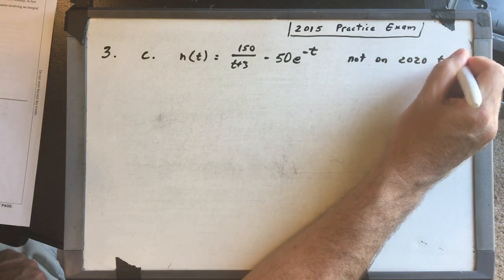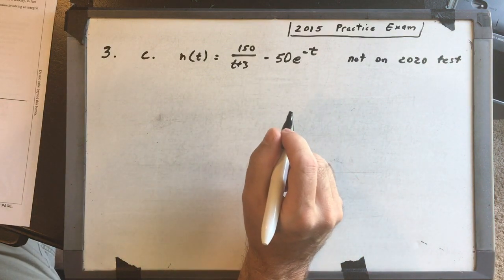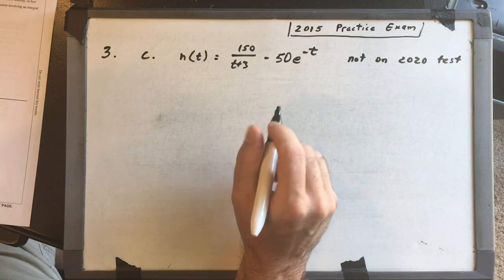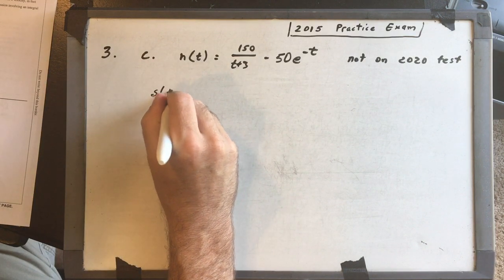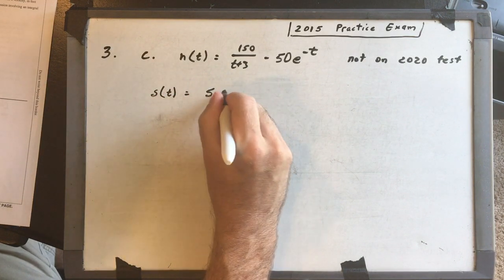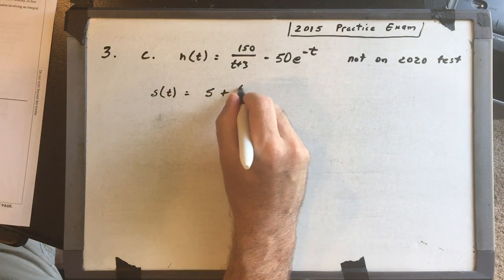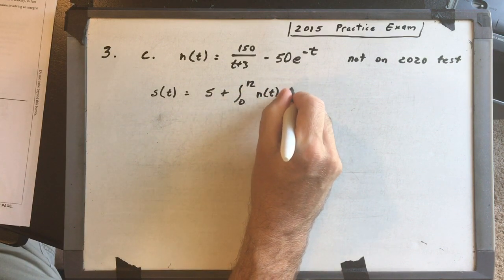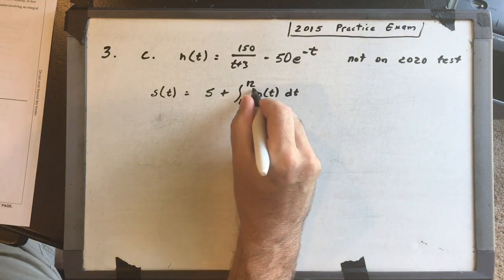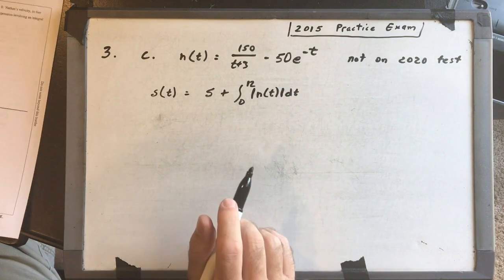I don't think this is going to be on the 2020 test because it's an integral involving a velocity, position, acceleration type problem. I'm going to write it down real quick anyway. He starts at 5, so his position, s of t, would be 5 plus the integral from 0 to 12 of n of t dt. It actually would be the absolute value of n of t in case he starts going back and forth.